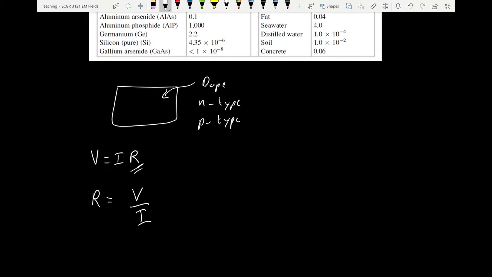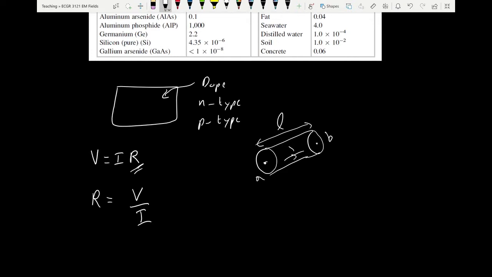So assume we have some kind of cylindrical material. It's always easiest to assume a cylindrical structure in the direction of the flow of the current, right? So I have a length L here. I start from point A and end at point B. Then I have an electric field in the conductor that's causing the current.